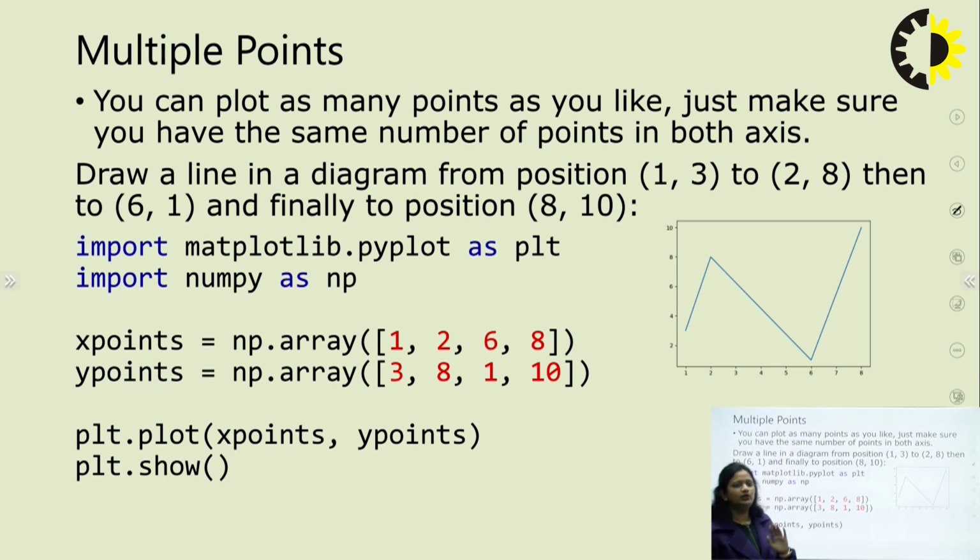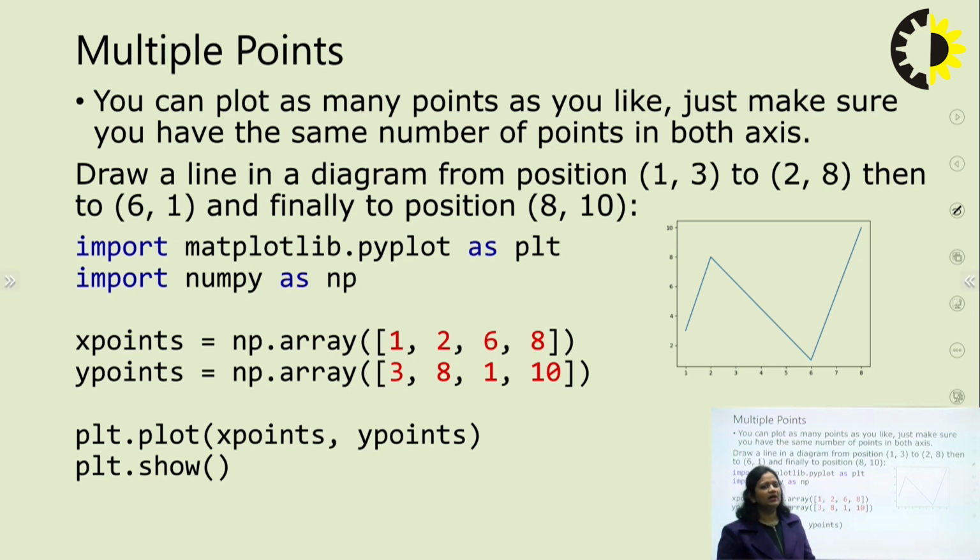Just make sure you have the same number of points in both axes. If we have to draw a line from x-axis to y-axis, first we make sure that the points on the x-axis and the y-axis have the same number. If we have 5 points on the x-axis, then we also have 5 points on the y-axis.